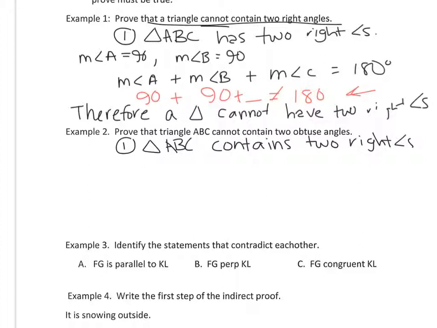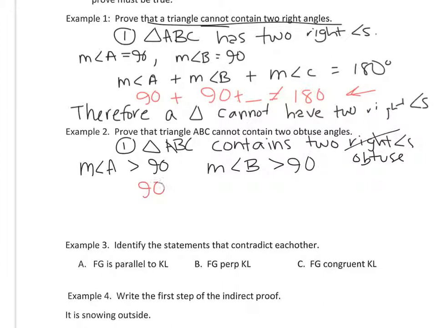Let me erase this up here. The measure of angle A is greater than 90 and the measure of angle B is greater than 90.